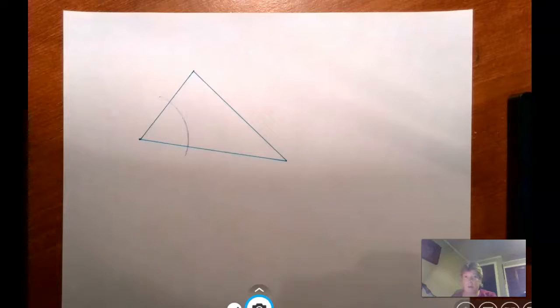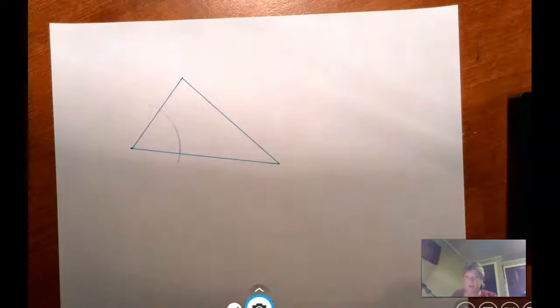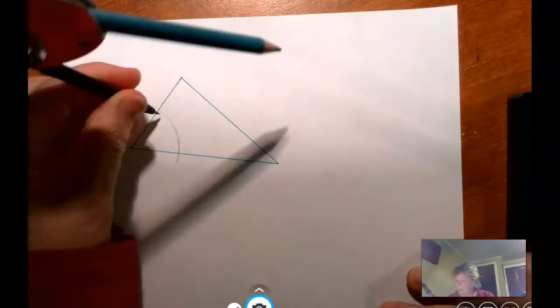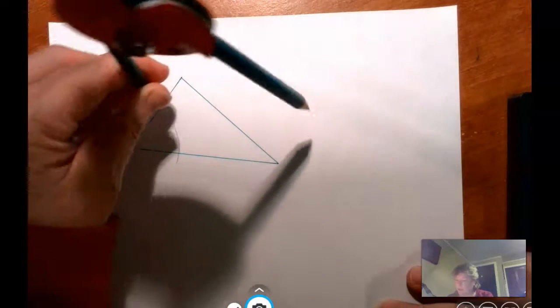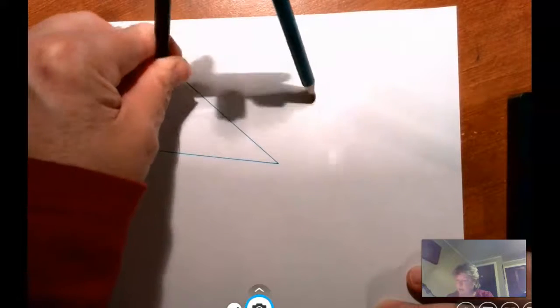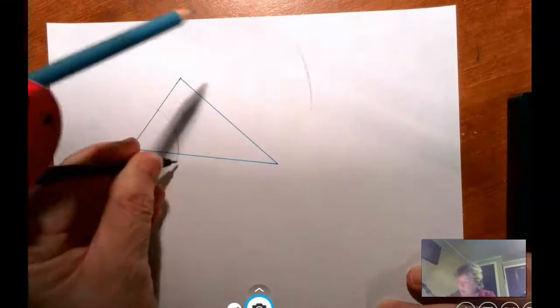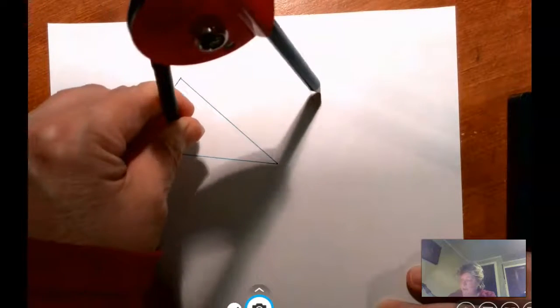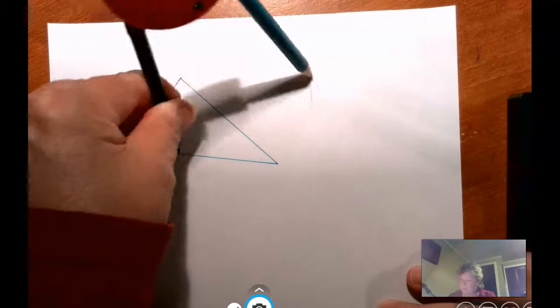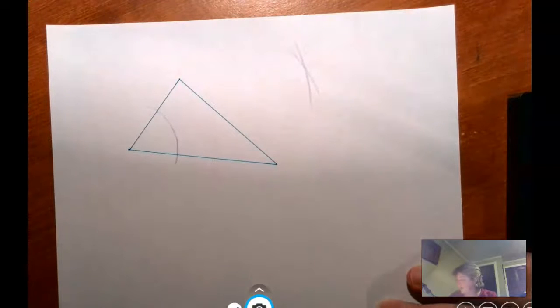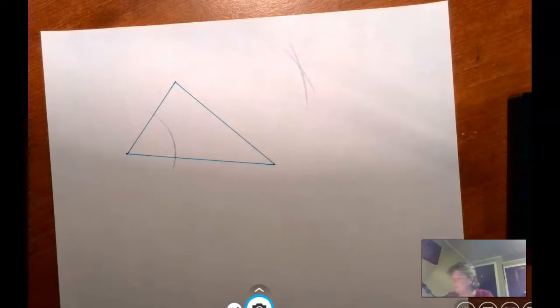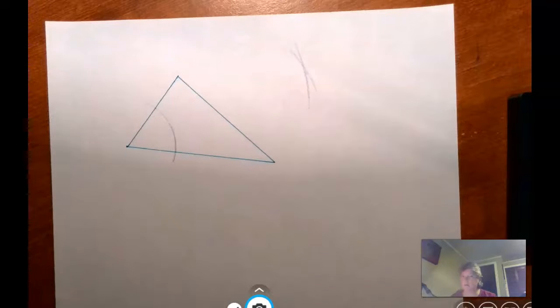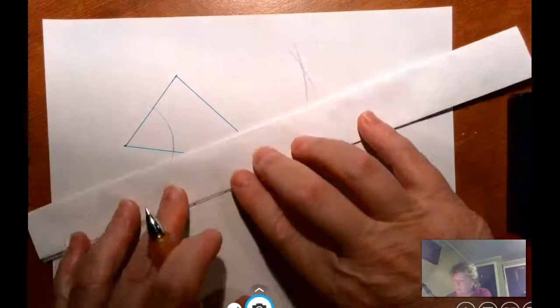Then you open up your compass to any opening whatsoever. I tend to open these pretty wide so that my construction marks are out here and not really in the way. From each point of intersection, I'm going to draw an arc out here. Then I'm going to leave the compass opening the same and draw an arc from the other point of intersection here. Now if I connect these, I left my straight edge at school, so I had to make myself a straight edge by folding up some paper.